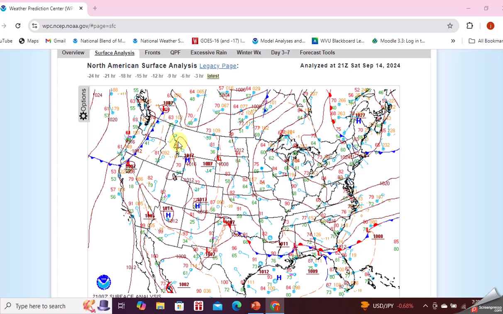On the other side, they're in the mid-60s, even low 60s. So if that air is colder, what does that mean? If it's pushing towards the east, it means that warmer air is going to be forced to rise up. It's going to lift. When it lifts, that's vertical motion.